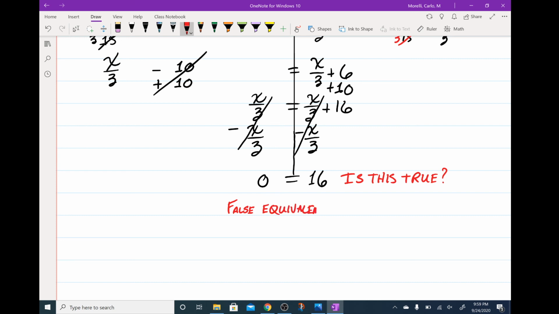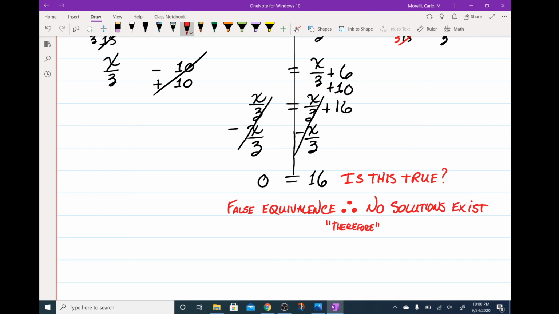It's a false equivalence. In other words, 0 does not equal 16. False equivalence, and then you can put these 3 dots that mean therefore. False equivalence, therefore, no solutions exist. Okay?